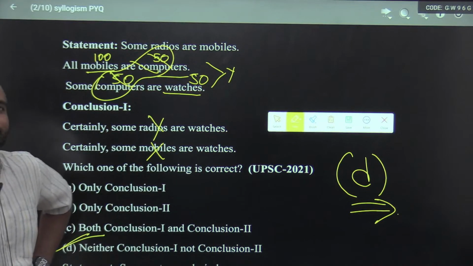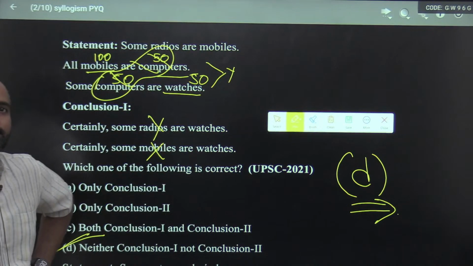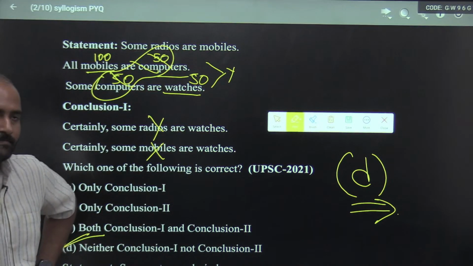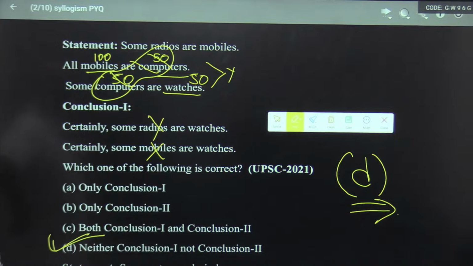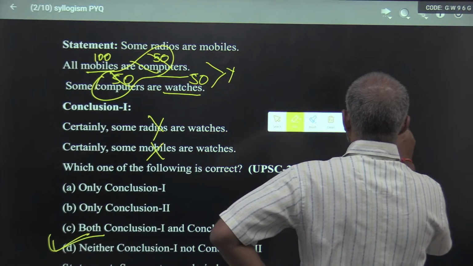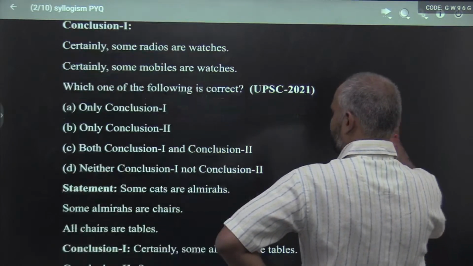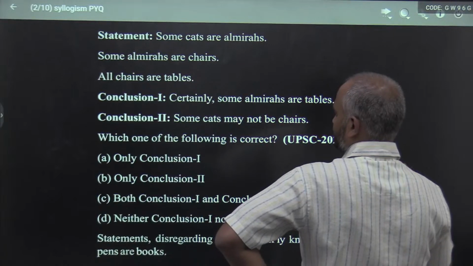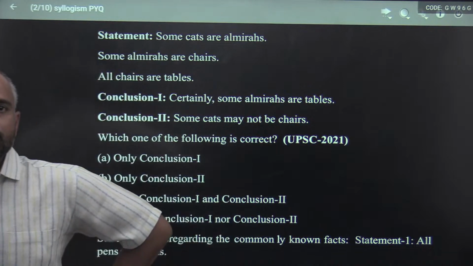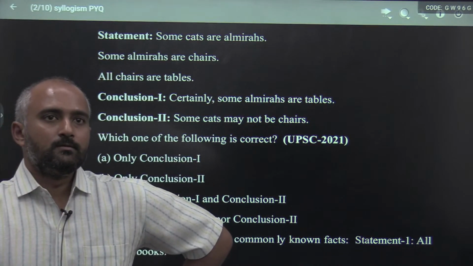Any doubts regarding this? What is the doubt?